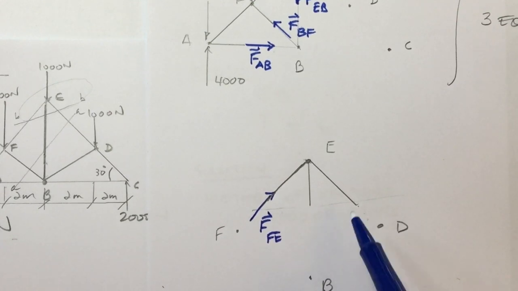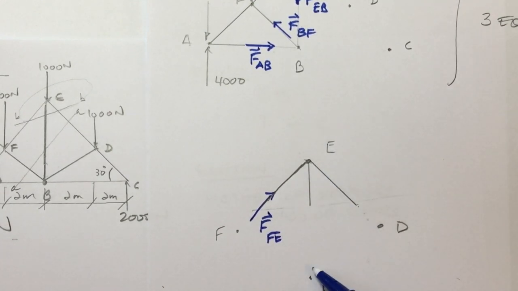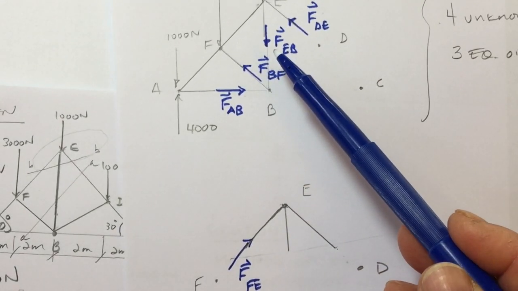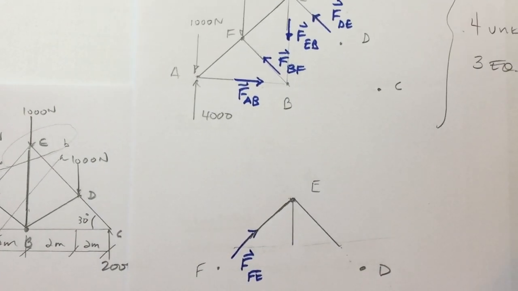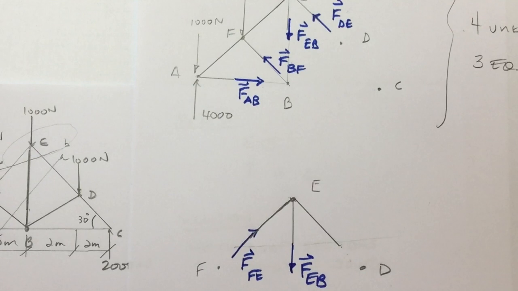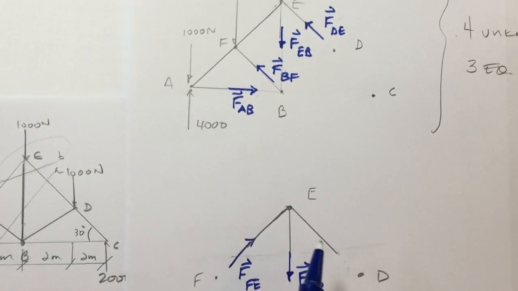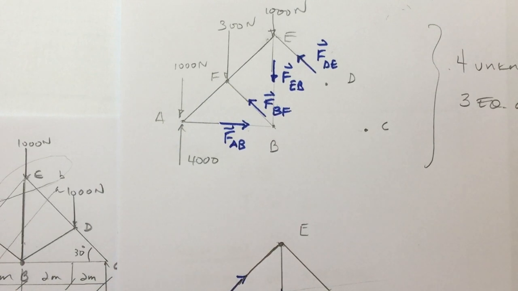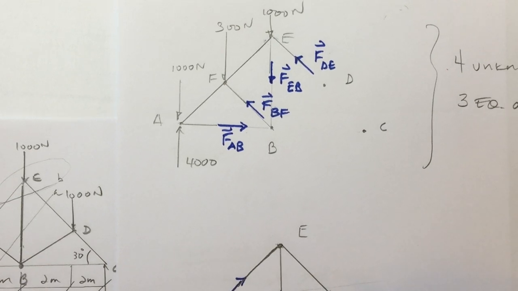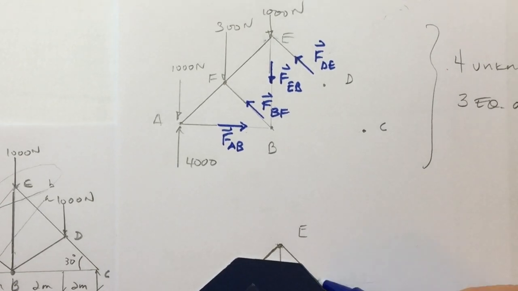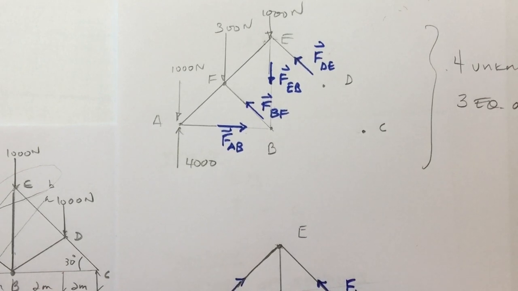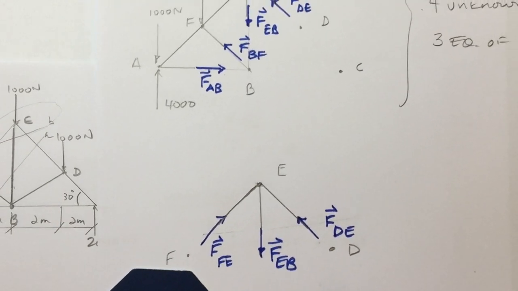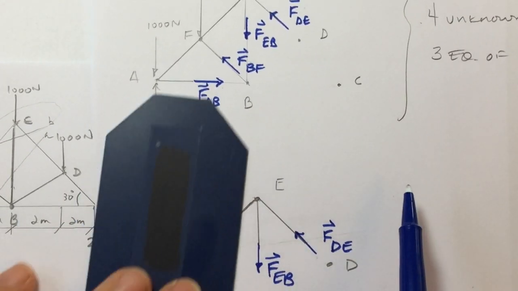I'm going to say that member EB is in tension, exactly the same way that I have assumed it up here. I have to be consistent. FEB. And same thing with ED. I have to follow this convention where I said that I'm assuming member ED to be in compression. FDE. And I have to apply that 1,000 newton force.